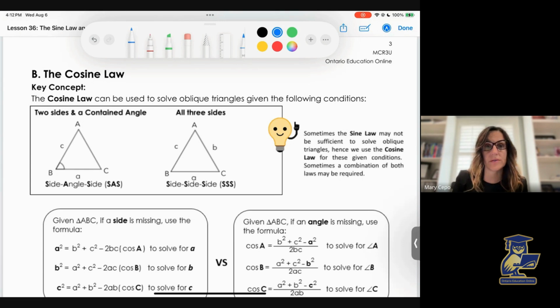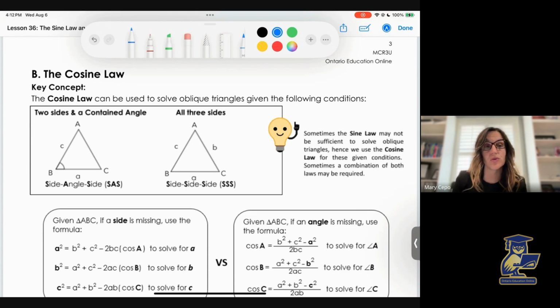Often in non-right angled triangles, we're given information where the sine law cannot be used. There was just not enough information to use the sine law. So they came up with something called the cosine law. The key concept is the cosine law can be used to solve oblique triangles given these specific conditions.